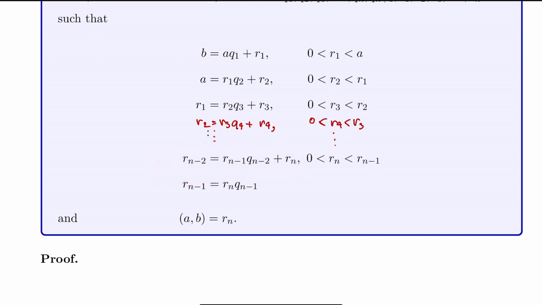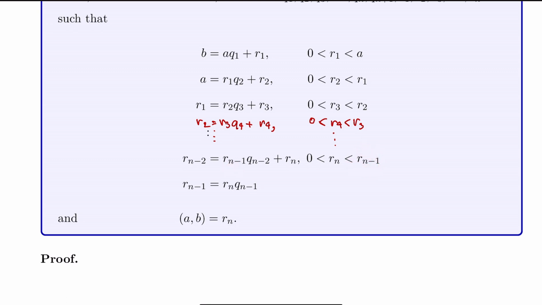The next to the last equation is r(n-2) equal r(n-1) q(n-1) plus rn. For this one, we divide r(n-2) by r(n-1), and the quotient is q(n-1), and the remainder is rn, which is greater than 0 and less than the divisor.